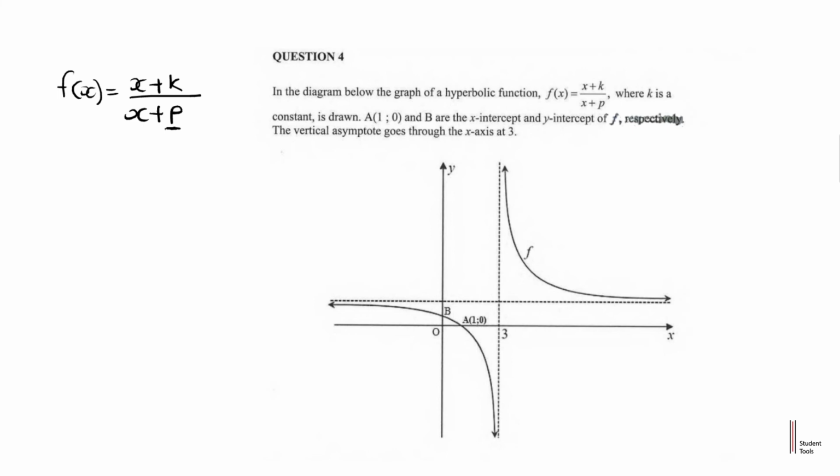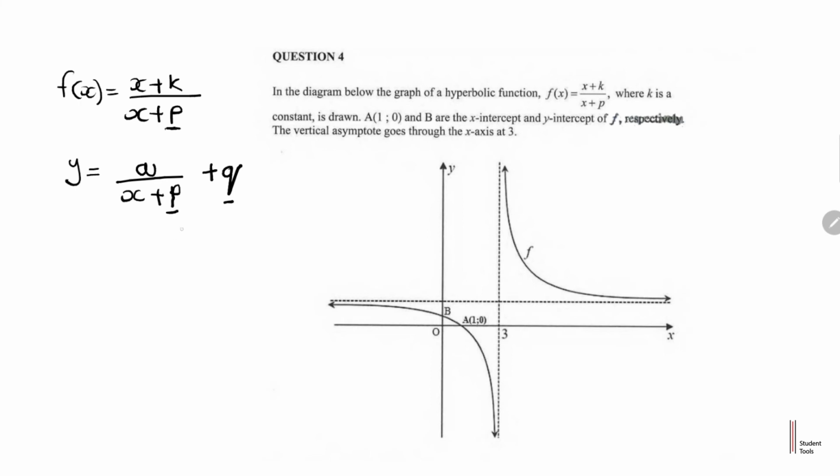To remind you, the hyperbolas we usually deal with have a formula which looks like this one: y equal to a over x plus p plus q. And where do we get the values of p and q?